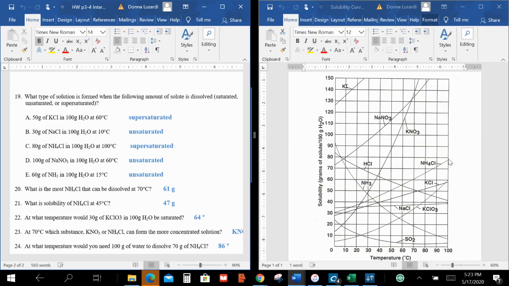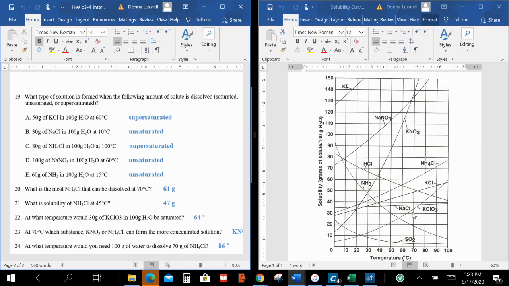So that point at about 80 falls a little bit above the line. So that one would be slightly supersaturated. If you called it saturated, that's pretty close.